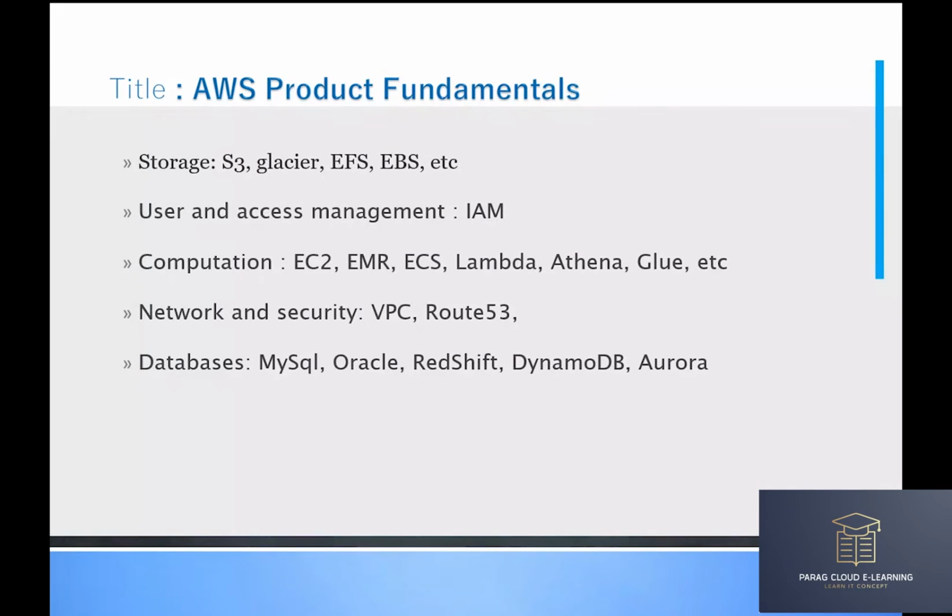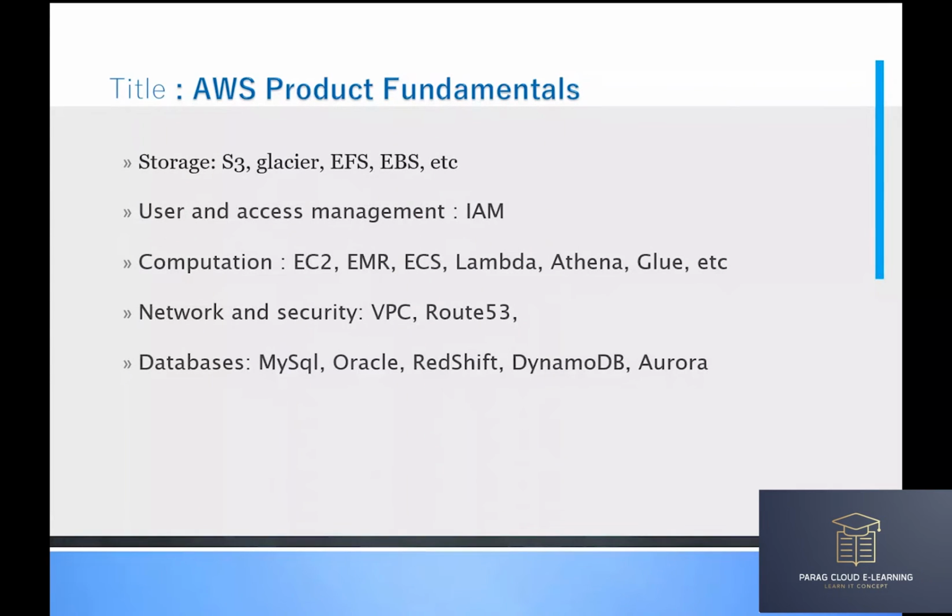Means they have their own on-premise application running, everything is on-premise, but as the industry is growing, they start using cloud services. So they need to move their application, their whole infra, to cloud.